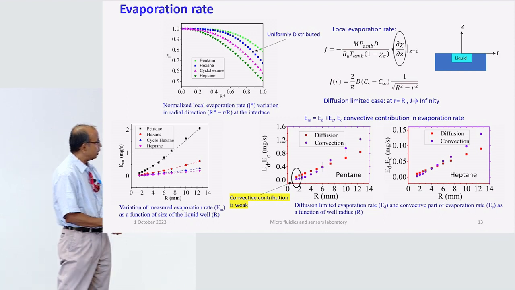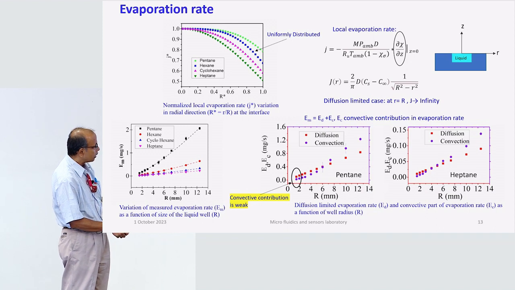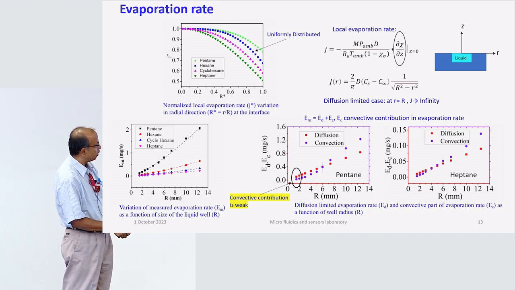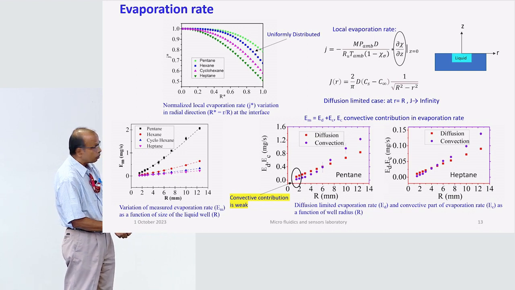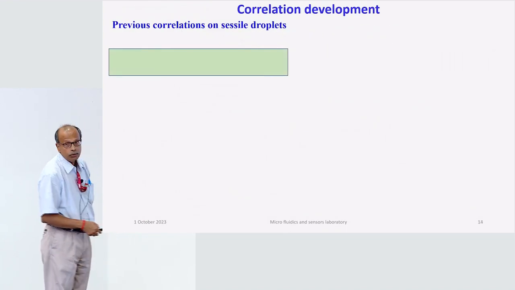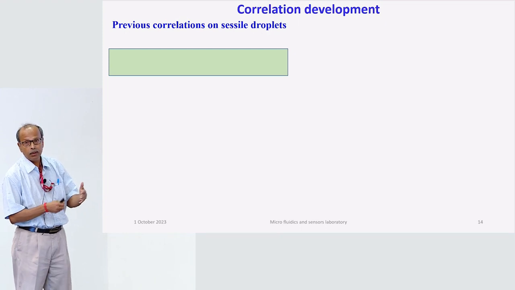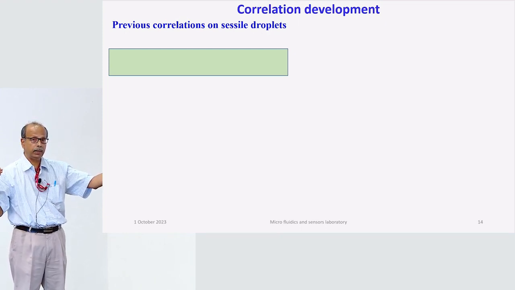But when you go to heptane, you have to remember the scale here is 1.6 and here it is 0.15, so it is slightly blown up. This is less volatile, so there is less effect of convection, but it is still increasing with the radius of the cavity.